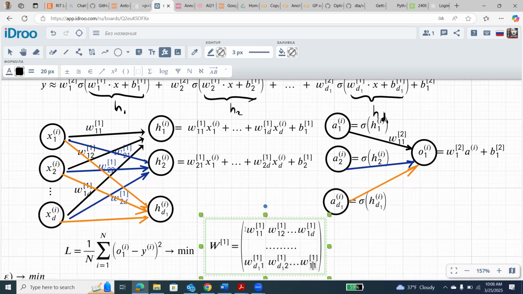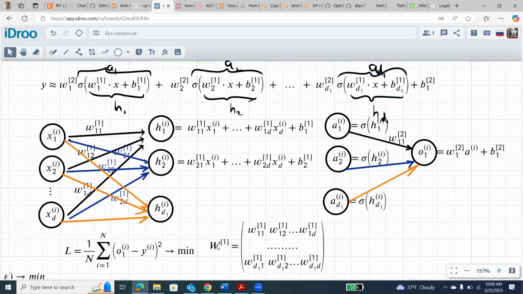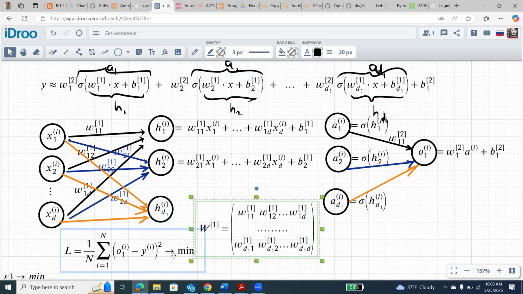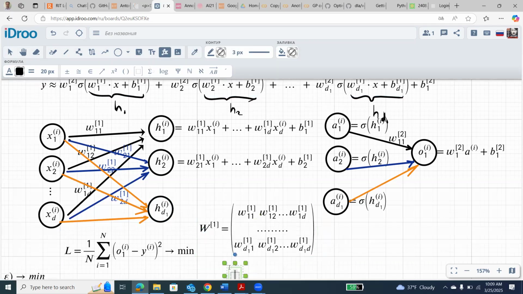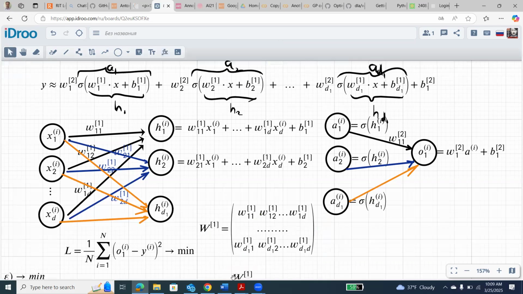So if we write all the weights in the matrix, then we can just write that we minimize with respect to these parameters W1.